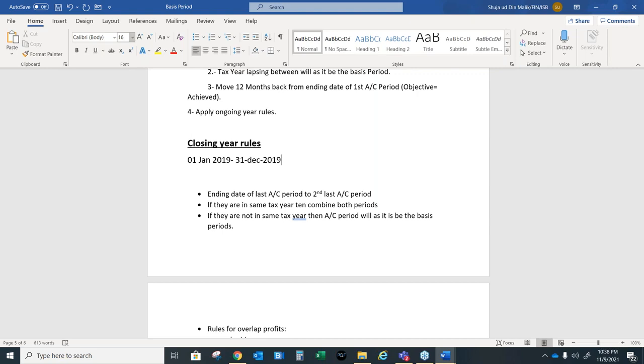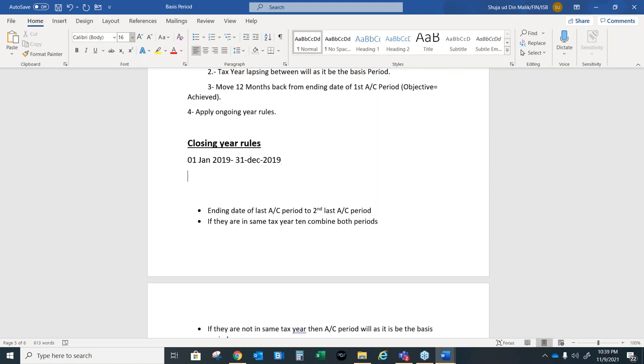If something uncertain happens, the next period will start on its normal date, that is 1st January 2020.